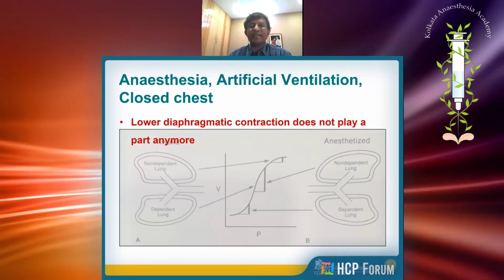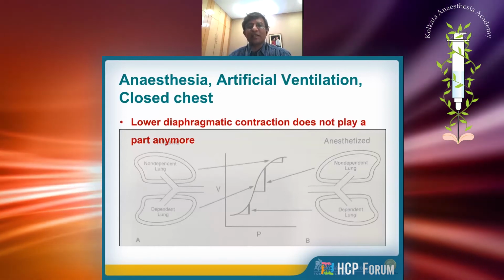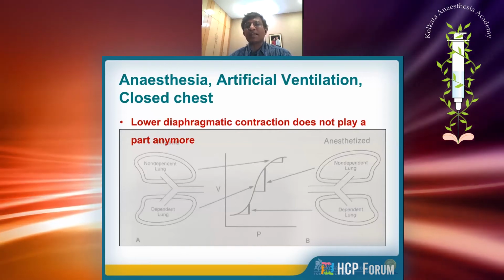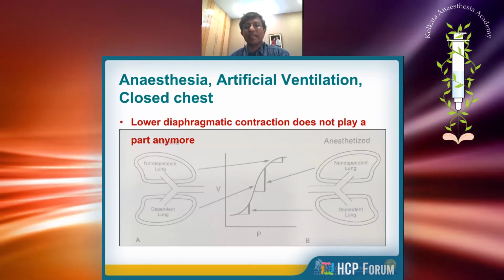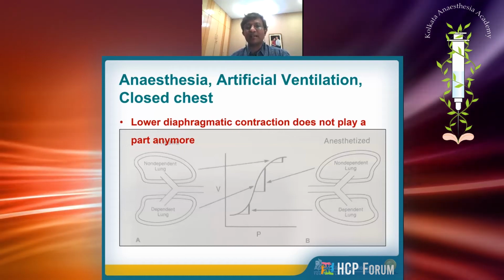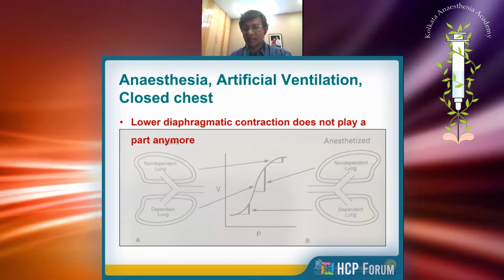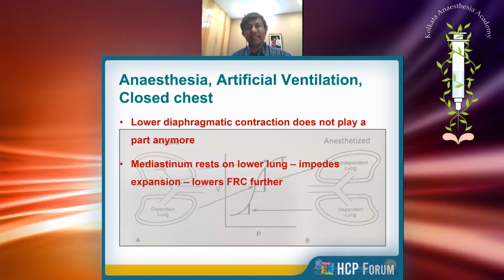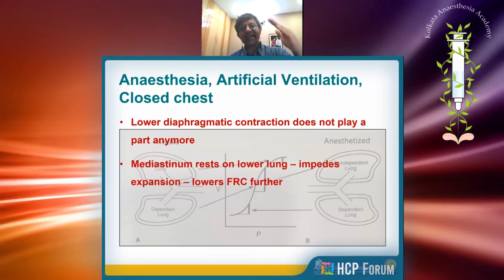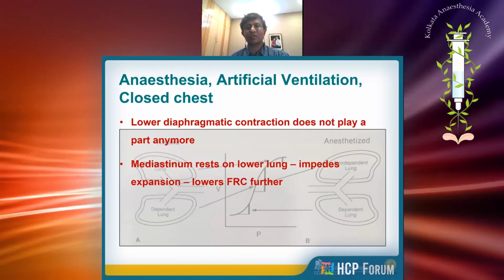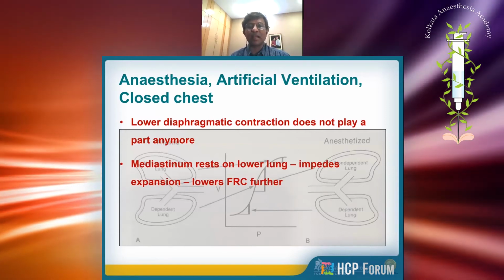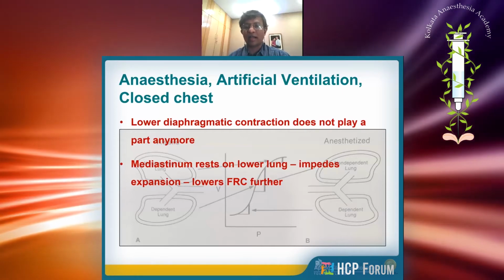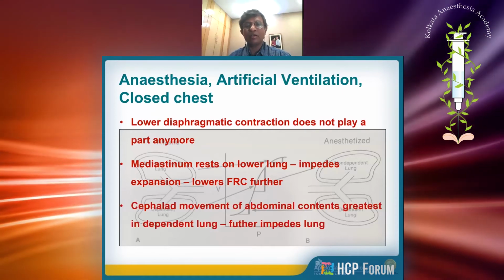What it immediately takes away is the beneficial effect you were seeing with the diaphragmatic contraction, which was making ventilation in the dependent lung a lot better. So this part is going away. You lose the tonicity of the thoracic cage. The mediastinum now starts to rest on the lower lung, impedes its expansion and lowers the functional residual capacity of the dependent lung more.